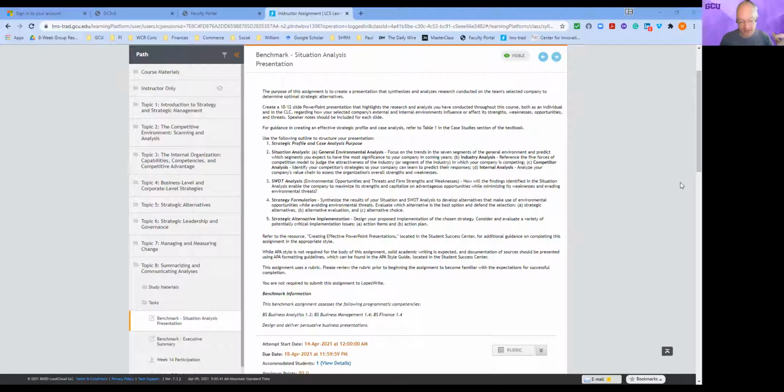And that includes both you individually and with your group CLC assignments. So how you selected your company, how its external and internal environments influenced or affected strengths, weaknesses, opportunities, and threats. Speaker notes should be included for each slide.